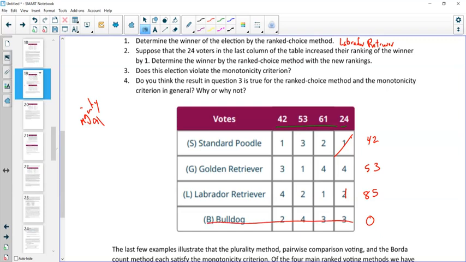And again, when we knock out Bulldog, nothing happens. So now we knock out the Standard Poodle. Well, this becomes 2 and 3. This becomes 3 and 3. And this becomes 1.